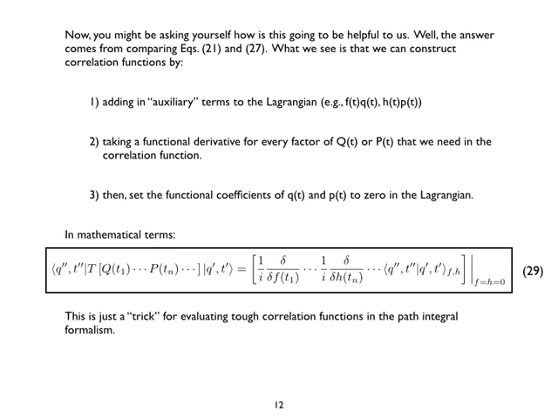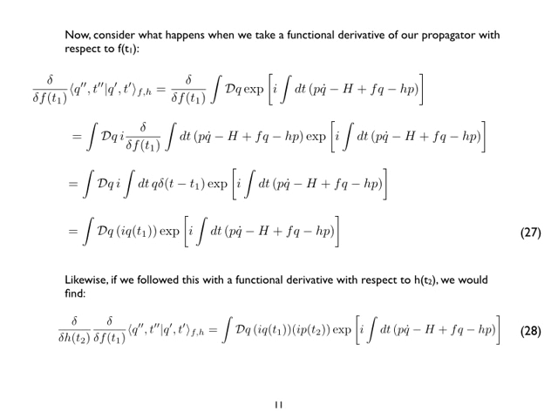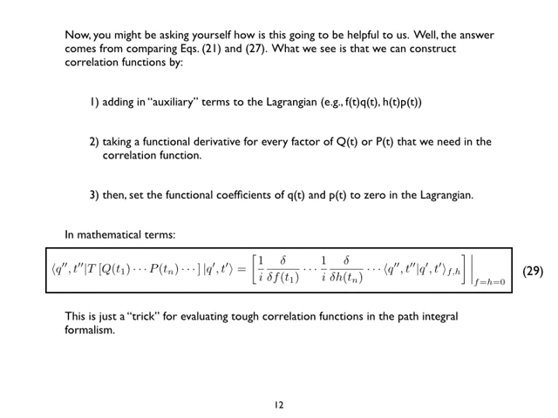That's what I've shown, that the right-hand side of equation 28 is just the time-ordered product of big Q and big P. Right? If I go back a couple of slides where we made those comparisons, right?